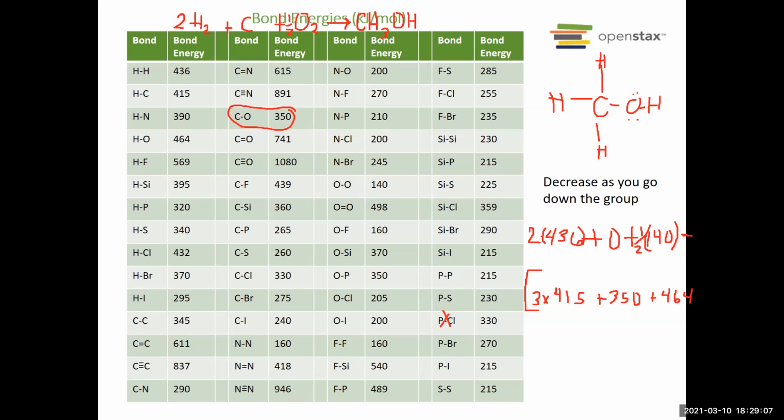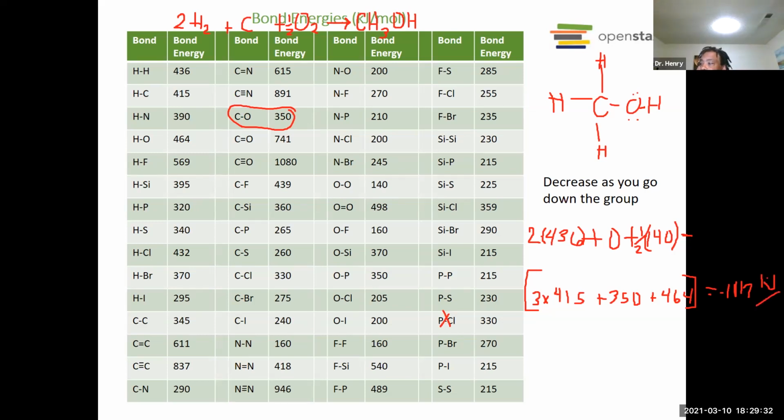I got negative 1,117. Okay, so that would be kilojoules per mole of methanol. Piece of cake?